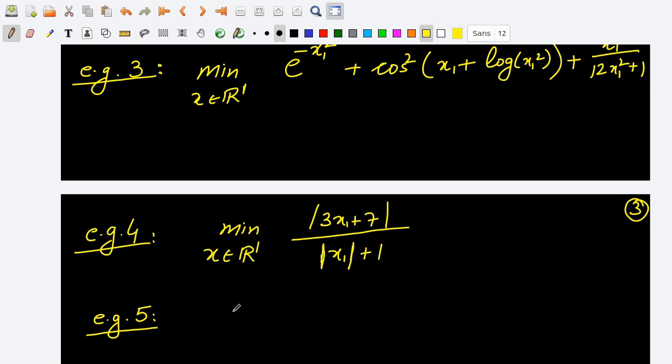Your function could be defined in some convoluted or complicated way.